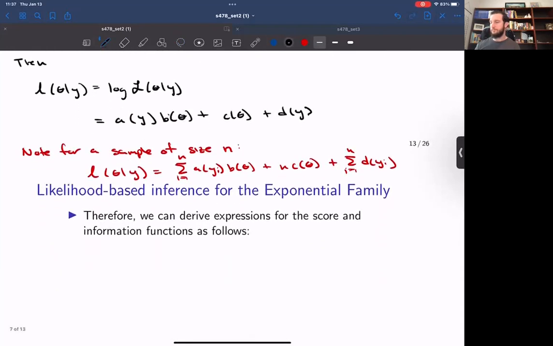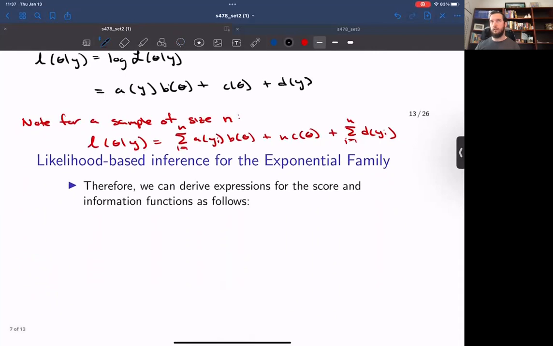All right, so in order to maximize a likelihood function, when you're working with the likelihood function for a particular random variable, typically one of the objectives is to find the maximum likelihood estimates. So we want to find the value of theta that makes the log likelihood and the likelihood as big as possible.